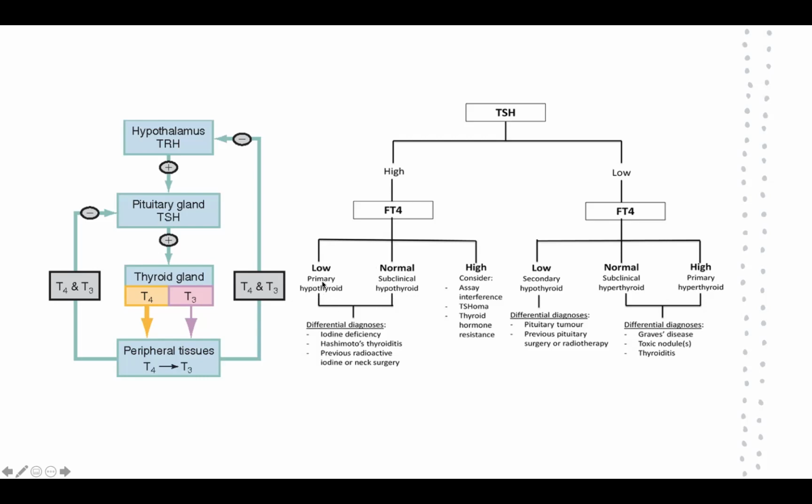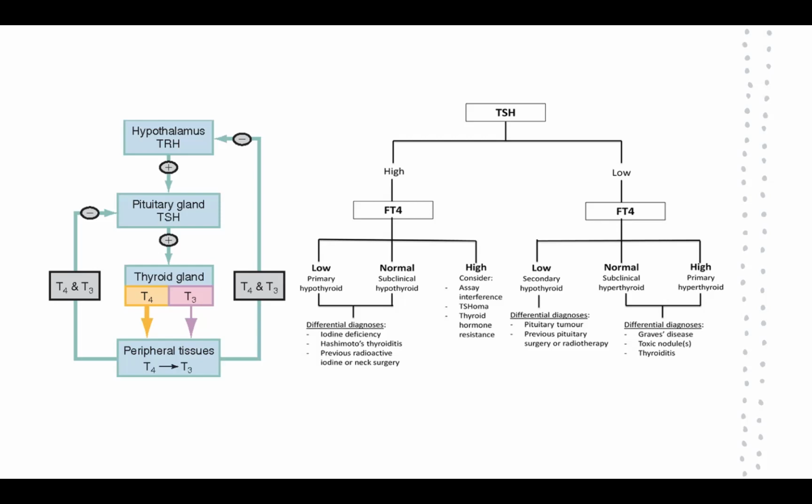So what are causes of primary hypothyroid syndromes? One is iodine deficiency, which is quite uncommon in developed countries. Another cause is Hashimoto's thyroiditis, which is an autoimmune condition, with antibodies against our TPO. So remember, TPO, thyroid peroxidase, is an enzyme during our thyroid hormone production.